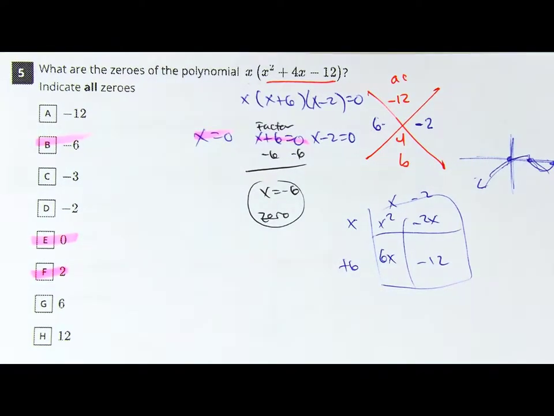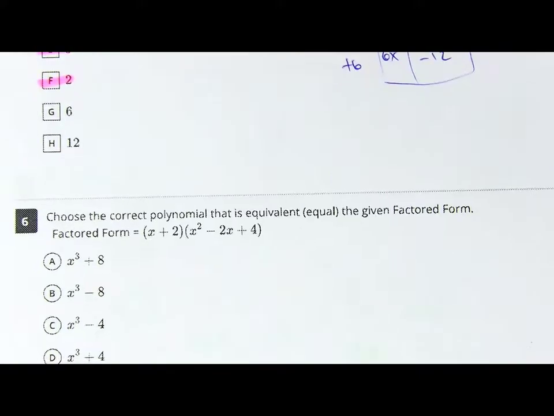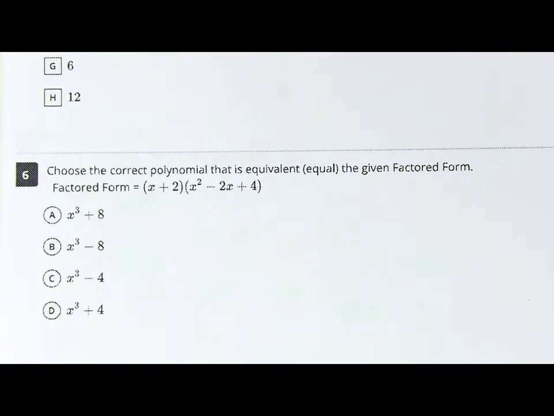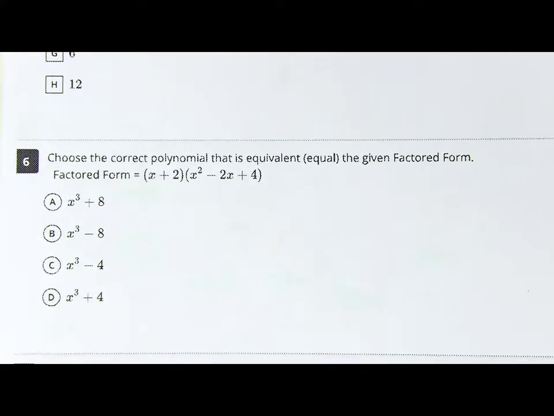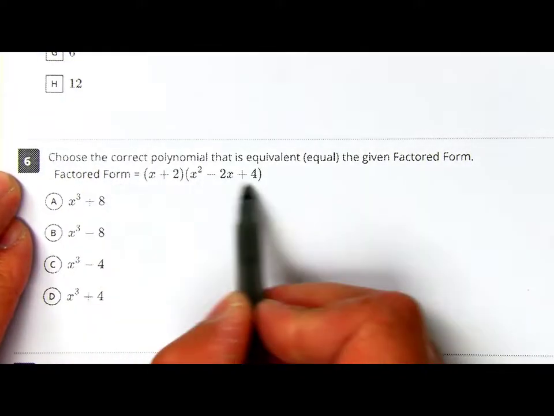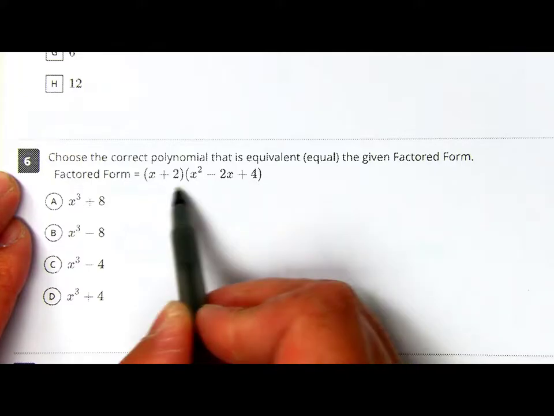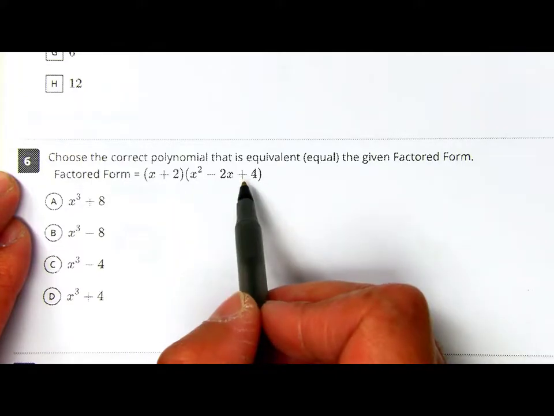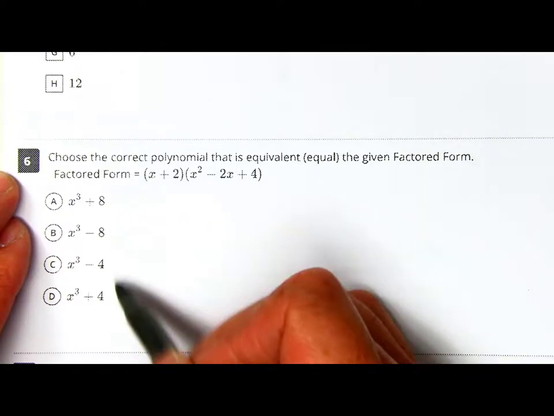Question number 6. It already has it factored for us. So I just need to figure out which one of these. Well, if you look at this, I see something called a cube.